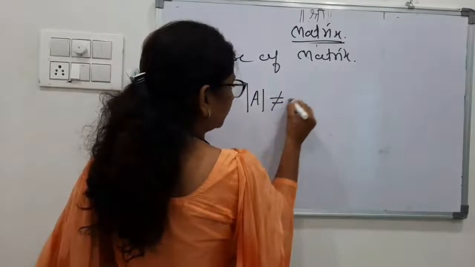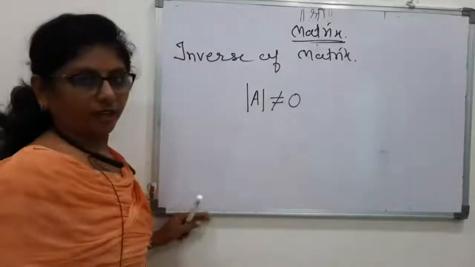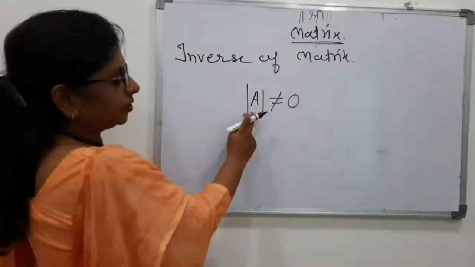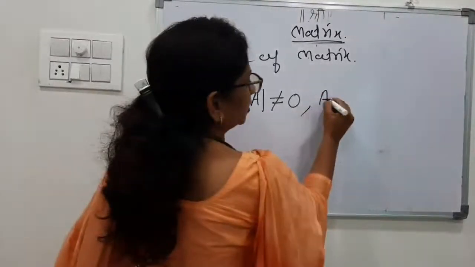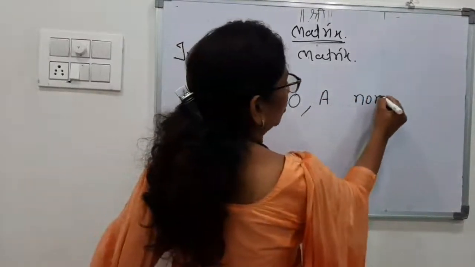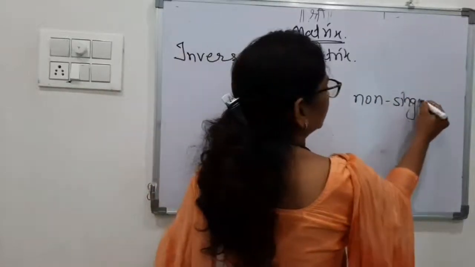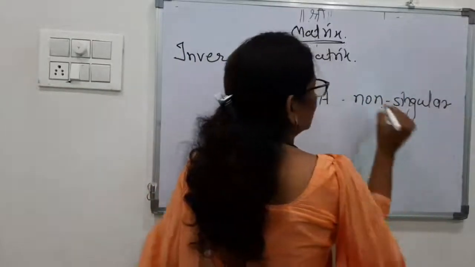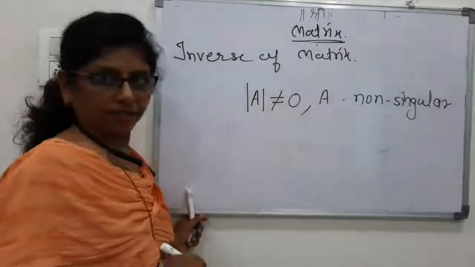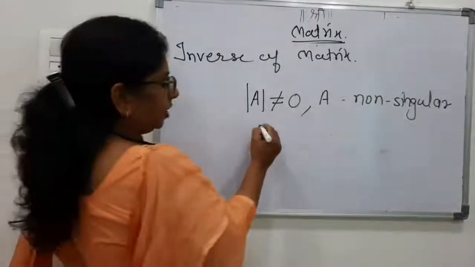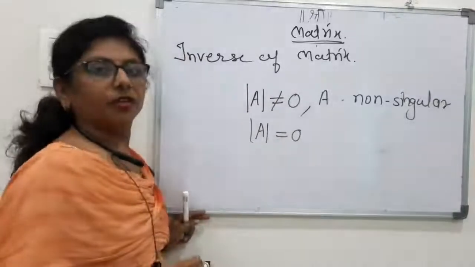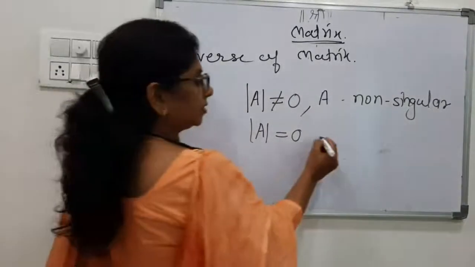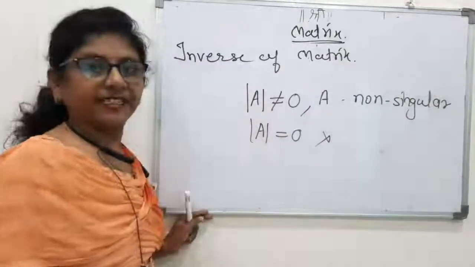Means if we want to find inverse of A, the determinant of A should not be 0. That is, A should be a non-singular matrix. So if the determinant of A is 0, then no inverse exists.